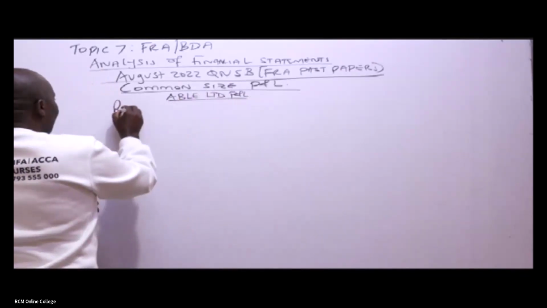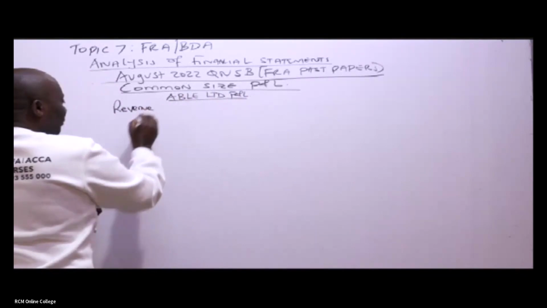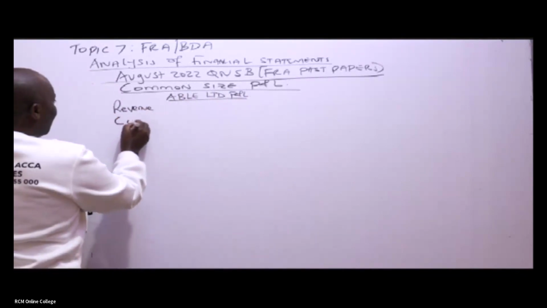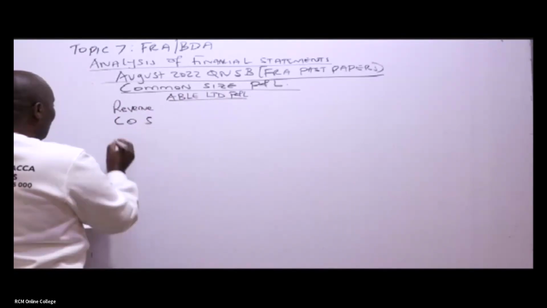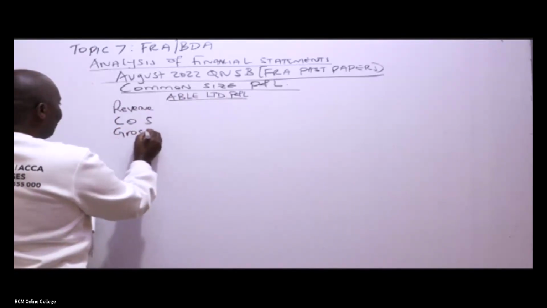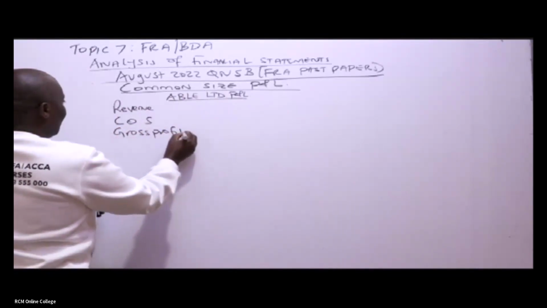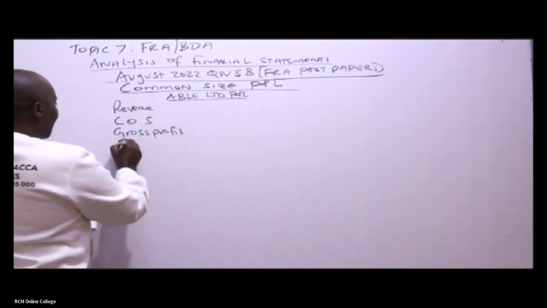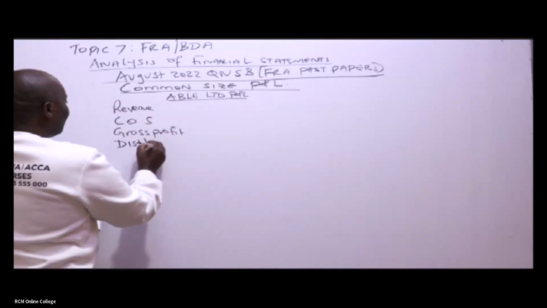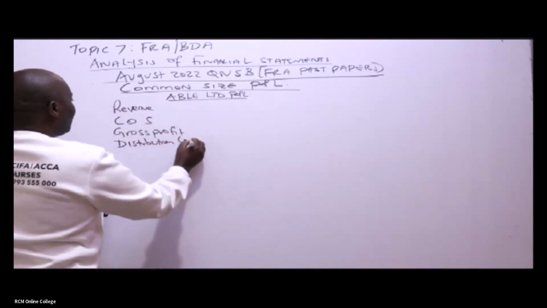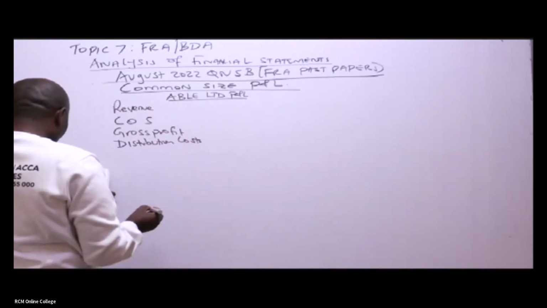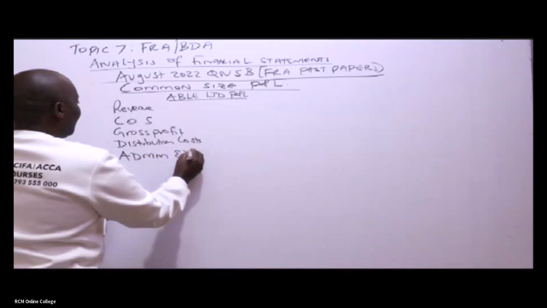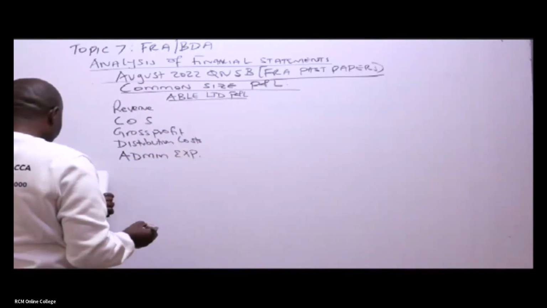We have revenue, cost of sales, gross profit, distribution costs, administrative expenses, and operating profit.